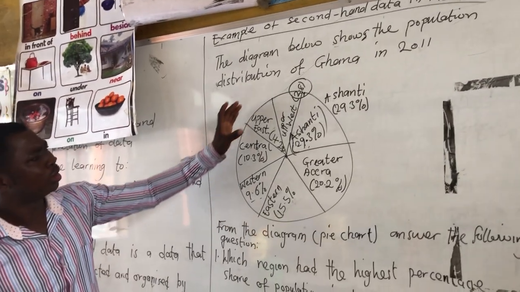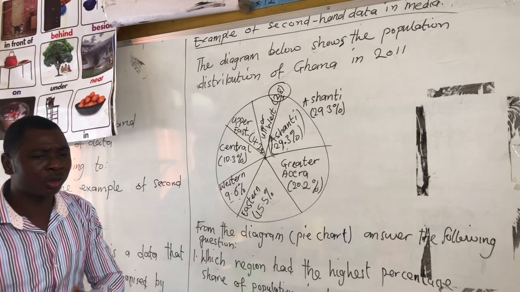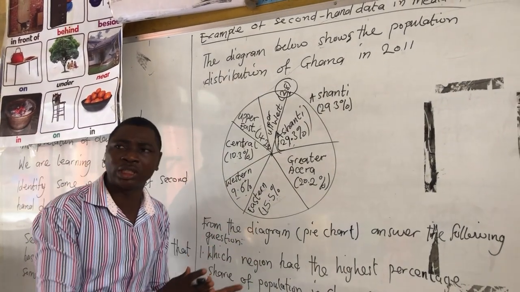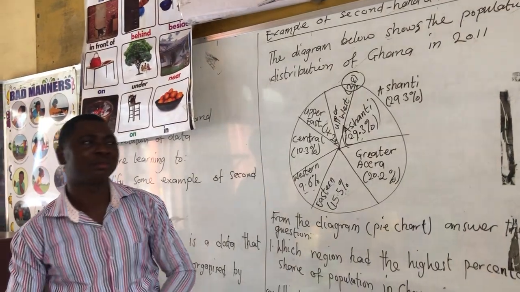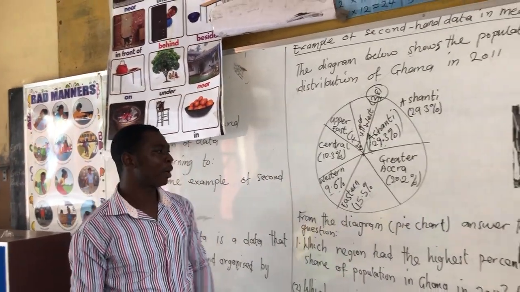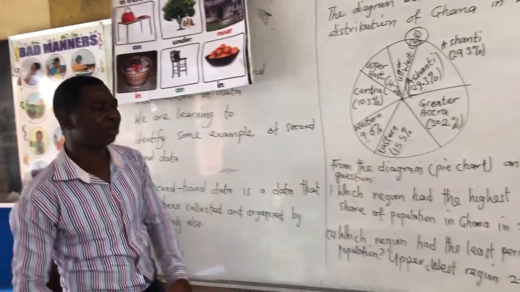When you get information from somewhere which was not collected by you, then that data is second-hand data. And you can be asked different questions and you answer them by interpretation.